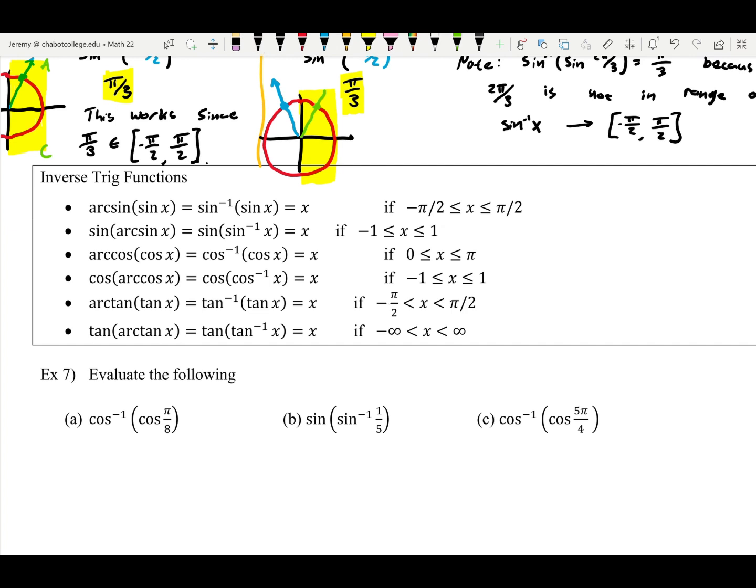And then if it's the other way around, sine of arcsine of x, this will be the identity function for x between negative 1 and positive 1. And then looking at arc cosine of cosine, again, we have to be careful. This only is going to be the identity function for those values of x that are in the restricted domain of cosine, so this is 0 to pi.